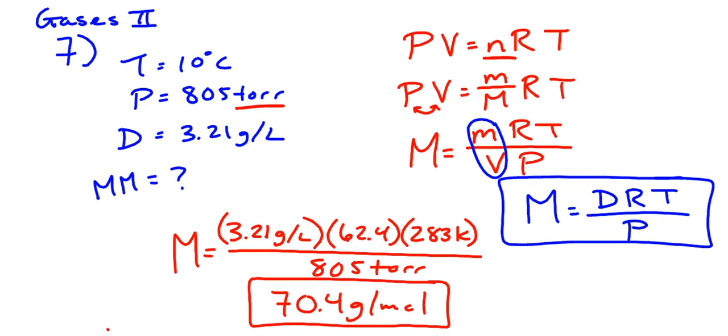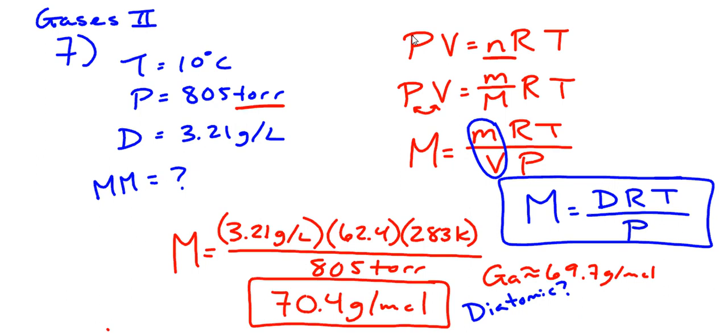You have two choices. You could look at the periodic table, and gallium weighs about 70. It's 69.7 grams per mole. But the problem is it's not a gas. It is not a gas. So your second thought should be, is it diatomic?